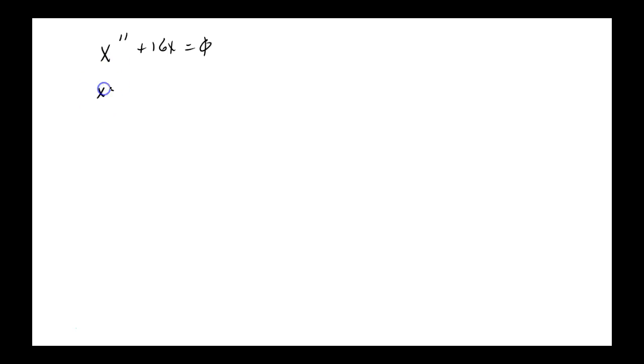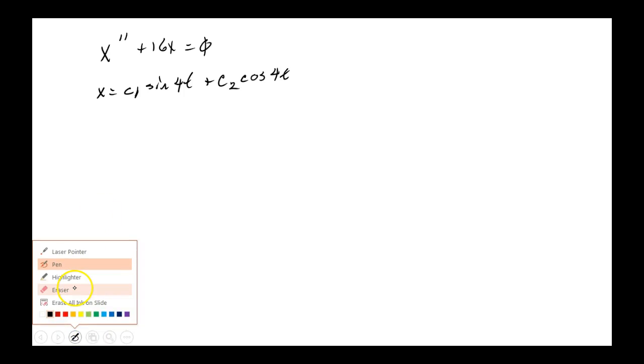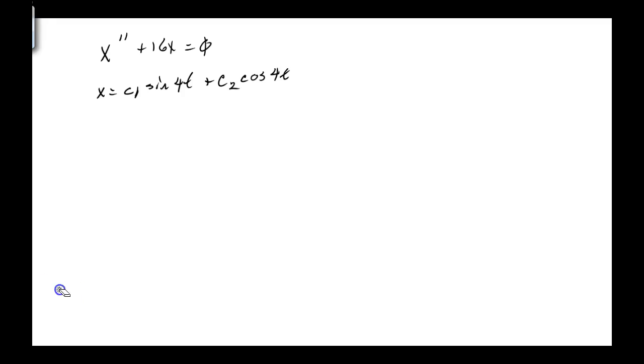The solutions were x is equal to c1, that should be a subscript 1, sine of 4t plus c2 cosine of 4t, unless I got them backwards. No, they put the cosine first. It really doesn't matter which one you put, but I'll put them the same way the book did.